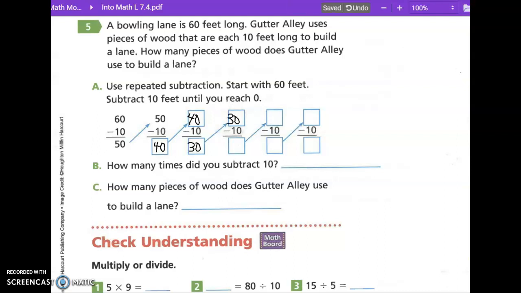30 minus 10 is 20. Take that to the top. 20 minus 10 is 10. And 10 minus 10 is 0. So it says, how many times did you subtract? Well, we subtracted 1, 2, 3, 4, 5, 6 times.